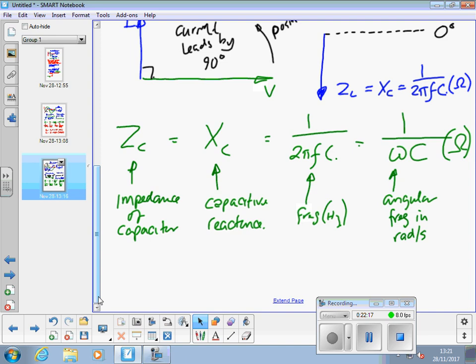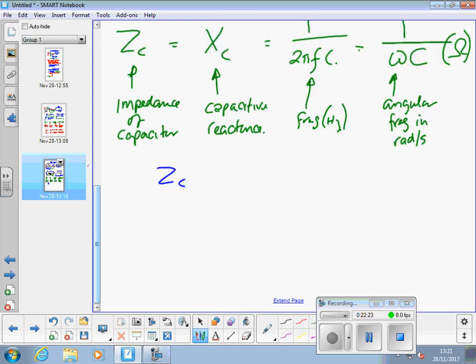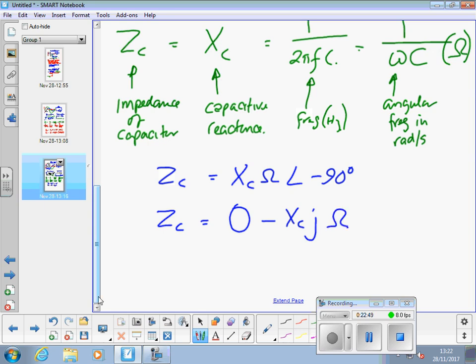And we can write those things mathematically as ZC is equal to XC ohms angle minus 90 degrees, or minus pi over 2 radians as the case may be, or ZC is equal to 0 minus XC j ohms. Rectangular and polar forms.